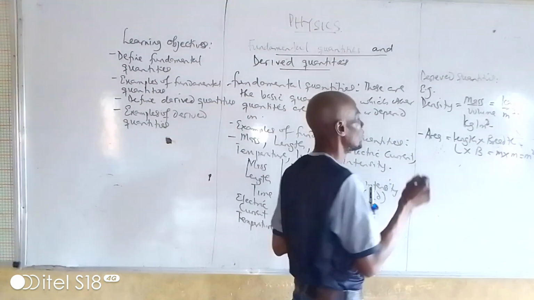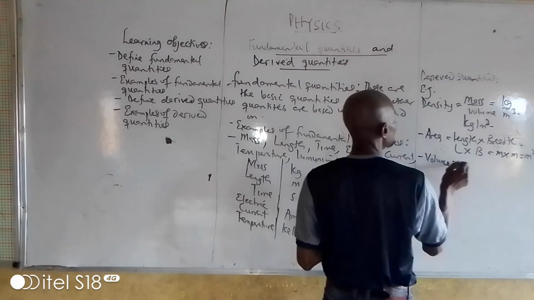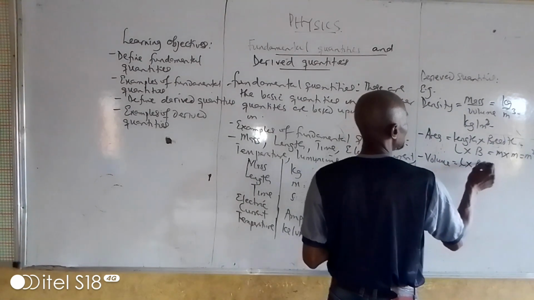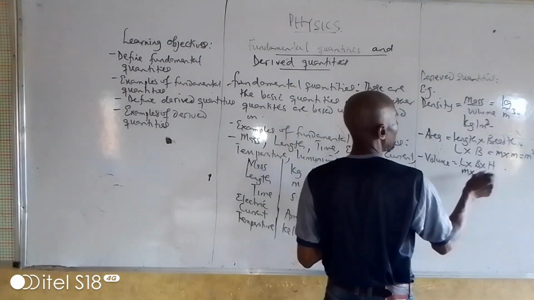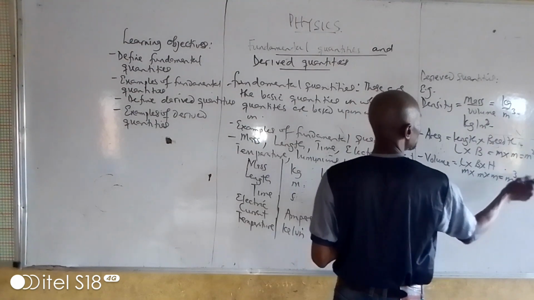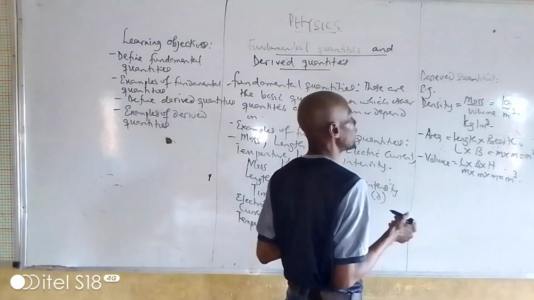Likewise, volume is also a derived quantity. The formula of volume is length times breadth times height. Our length is in meter, breadth is in meter, height is also in meter, giving us meter cube.